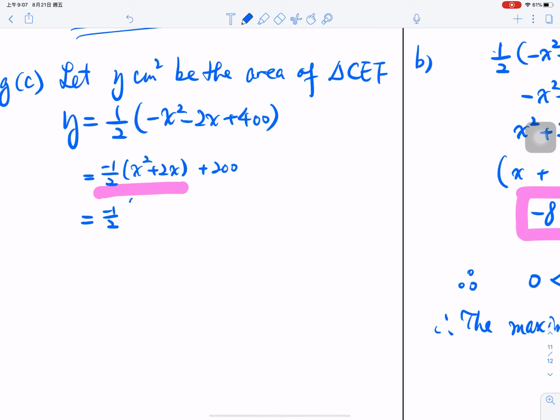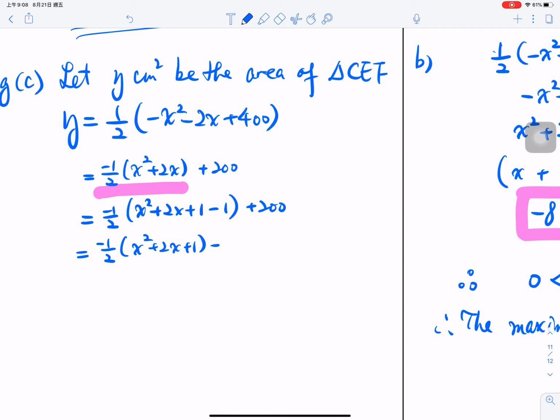Good. x squared plus 2x plus 1 minus 1 here. And you found that this one, x squared plus 2x plus 1, and then minus 1 times negative 1/2 plus 200, right?